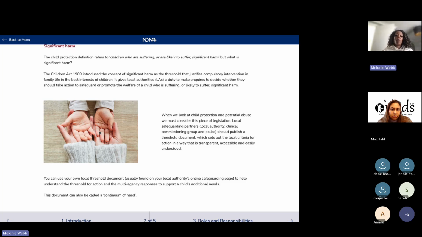They would then decide whether or not they felt that that child was at risk of significant harm, and from that they would tell you the next steps to take. So there's a document that is available on the local authorities. So for us, it would be the Redbridge Safeguarding Hub, and on that page you'll find documents that explain the reasons that they make the decisions for what is considered as significant harm.